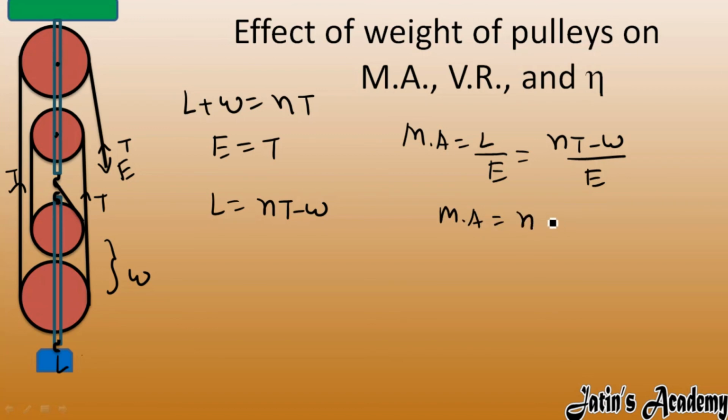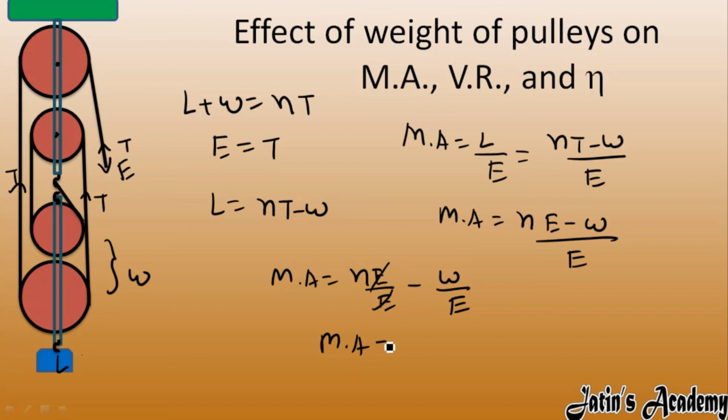Okay, so now divide separately. Mechanical advantage formula we got nE upon E minus weight of the pulleys upon E. So here we got mechanical advantage as n minus weight of the pulleys upon effort. So this is the mechanical advantage formula when we are considering the weight.